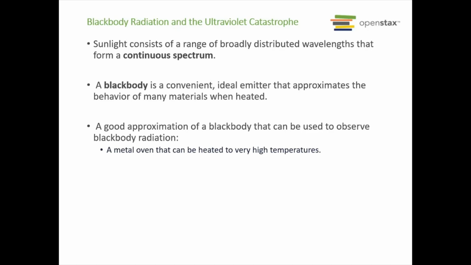And then we have a black body, which is a convenient ideal emitter that approximates the behavior of many materials when it's heated. So it's a model. A good example of a black body for observing black body radiation is a metal oven that we can heat to high temperatures.